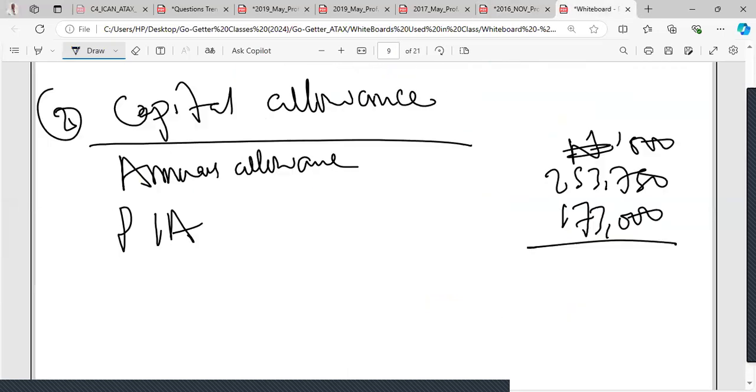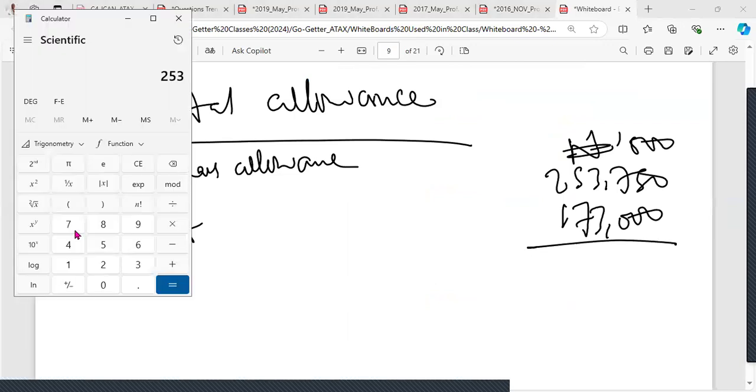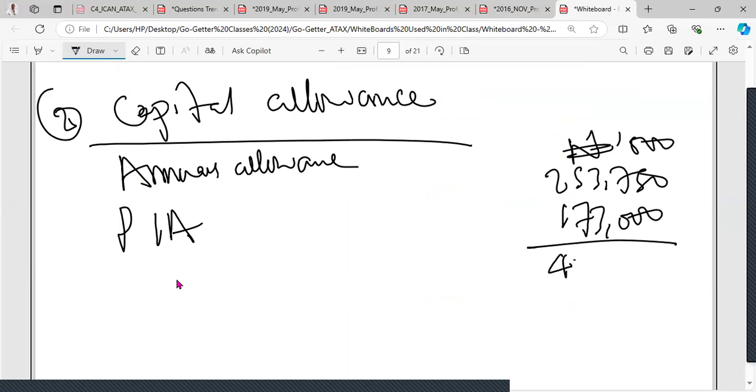Add them together. 253,750 plus 173,000. That gives me 426,750. So this is your capital allowance.